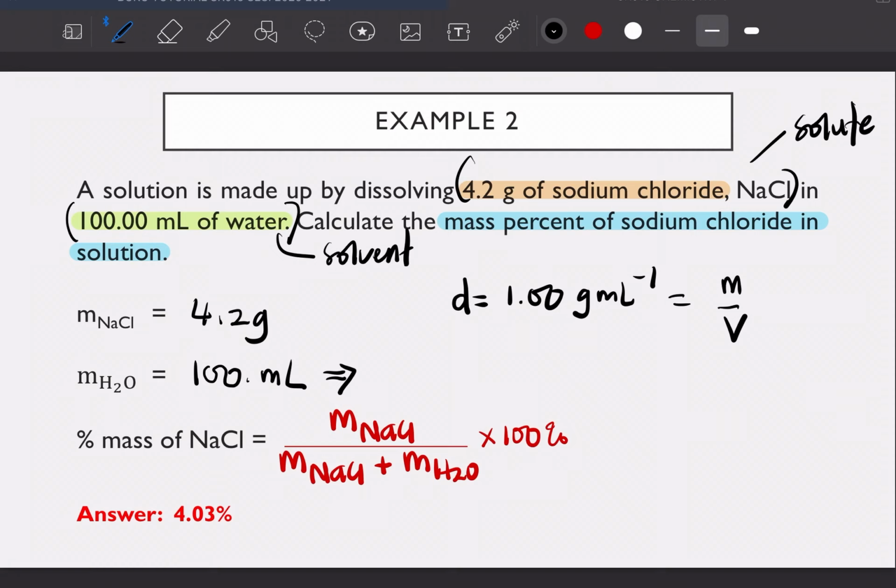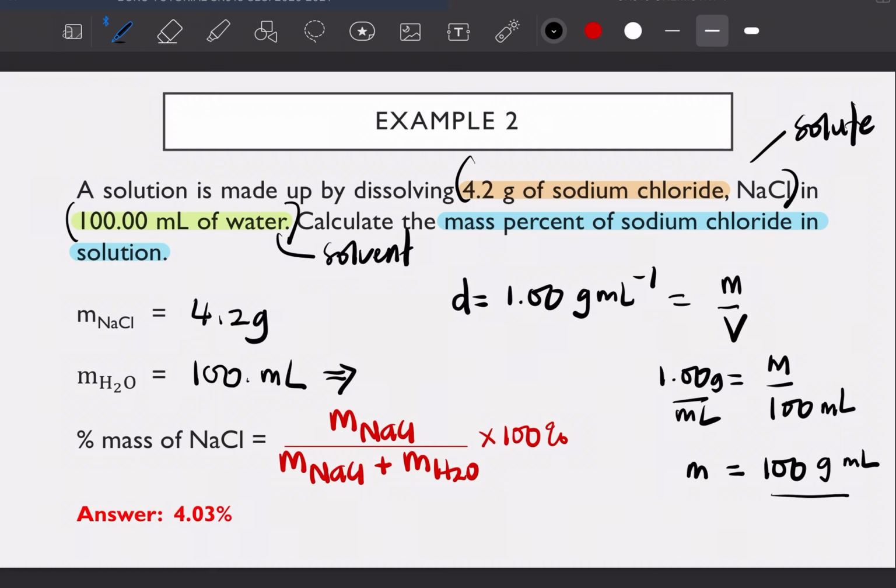So since 1 gram per milliliter equals mass over 100 mils, we can find the mass. If you bring it up, it becomes gram milliliter over milliliter. So you will cancel out milliliter. So your mass is 100 grams. Okay, 100 grams of water. If you didn't catch that, you can repeat it.